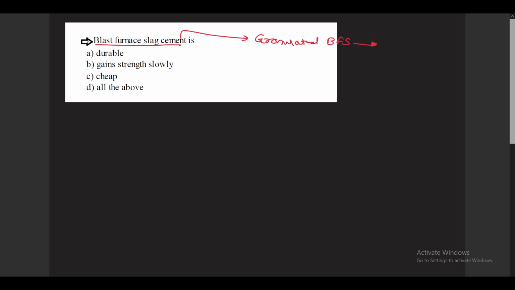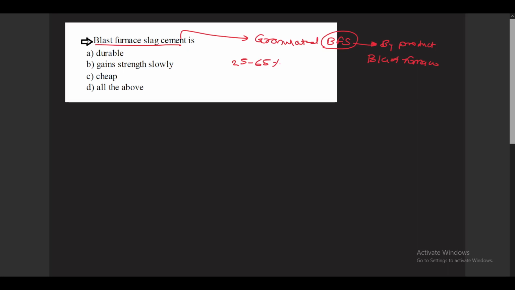It is a byproduct from the blast furnace, a type of furnace. This byproduct is used in OPC, and its percentage may vary from 25 to 65%.